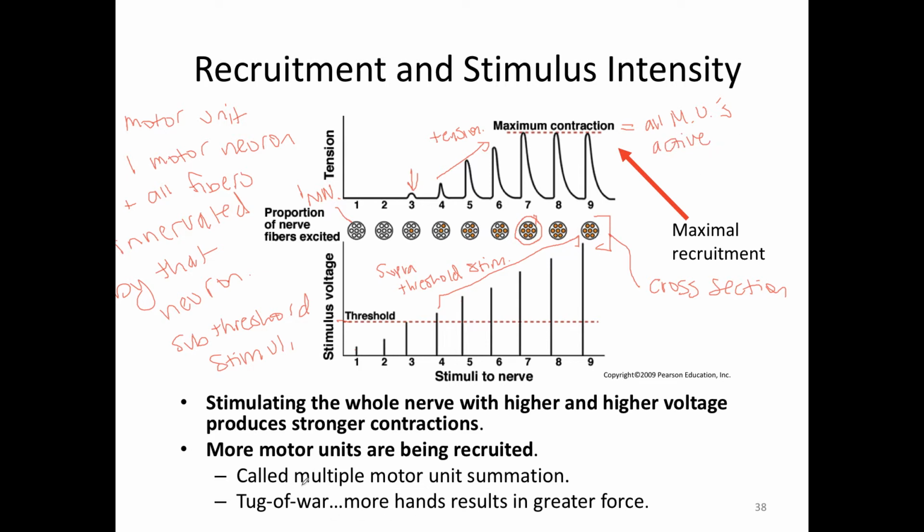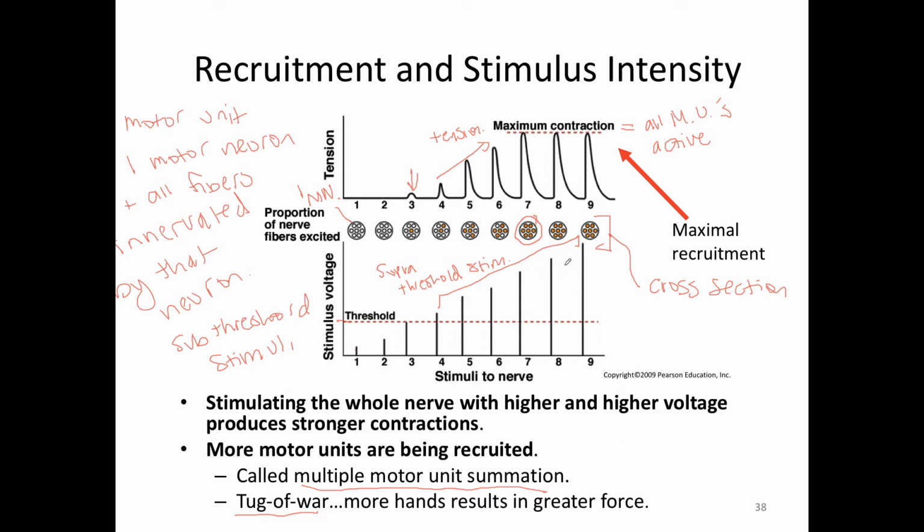So this is called multiple motor unit summation, meaning the more force you need to generate, the more neurons are firing at the muscle, and the more motor units you are recruiting for whatever task you're doing. So it goes back to that tug-of-war analogy. More hands on the rope results in greater tension generated. So the more sarcomeres you have actively contracting, the more contraction you're going to be able to produce.